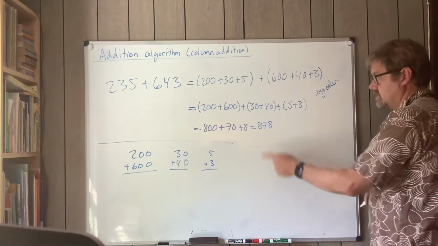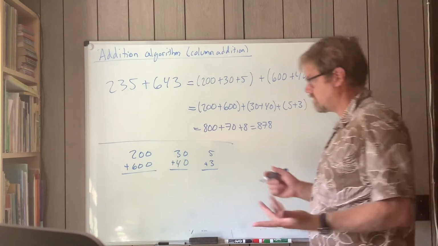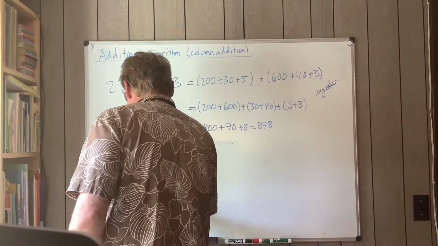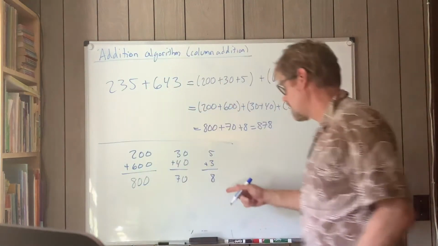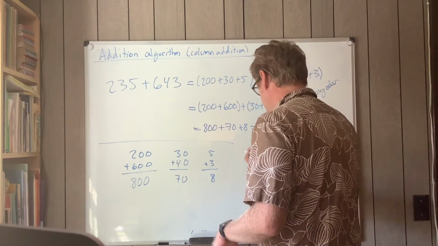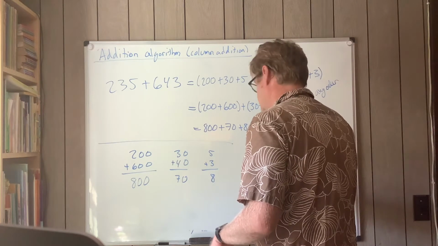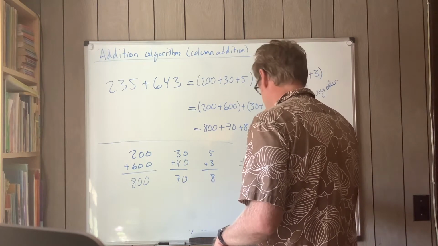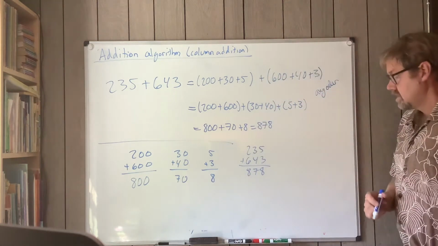There's nothing really different than this, except that I'm writing them on top of each other, and I get exactly the same result. And we're going to compact this all to write it as 235 plus 643 and 878.